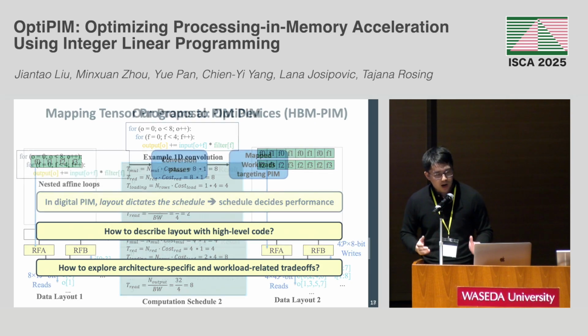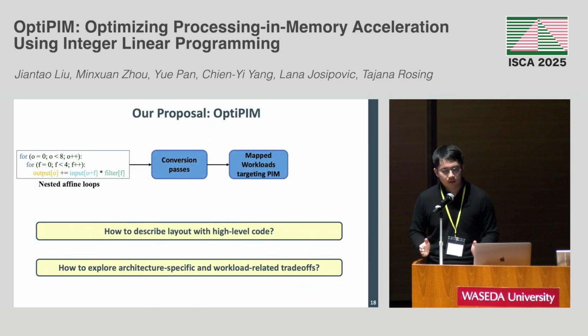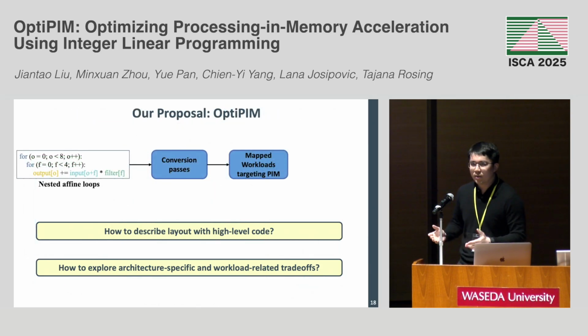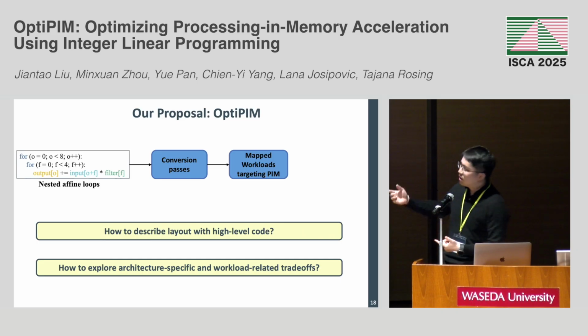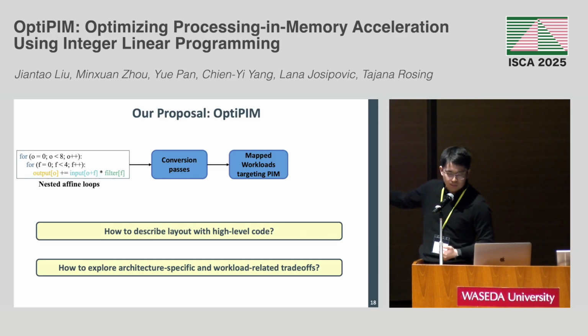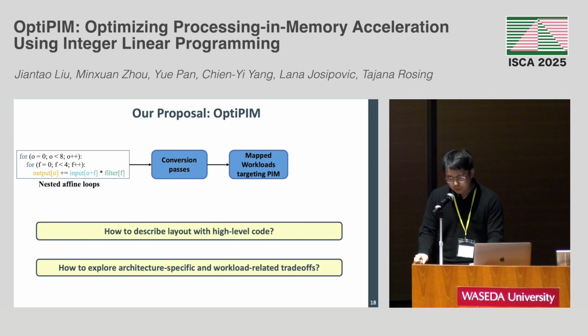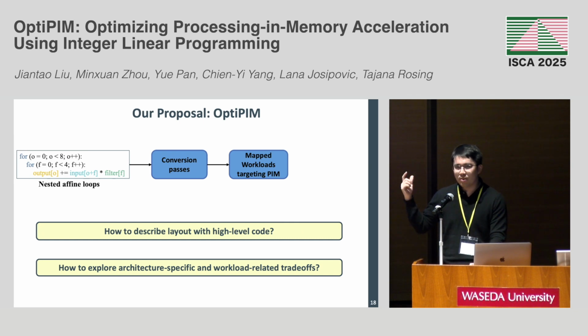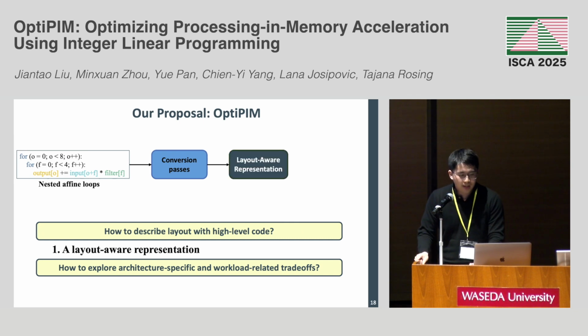This comes to our proposal, the OptiPIM infrastructure, where we take a tensor program, an unmapped version described in nested affine loops, and transform it into the mapped version for the targeted PIM devices. To solve those two problems, for the first one, we propose a layout-aware representation that captures both the software information and hardware-related information in a very concise and compact way.